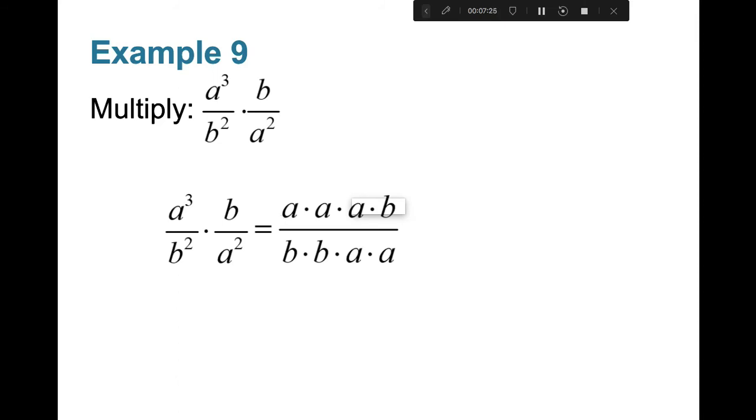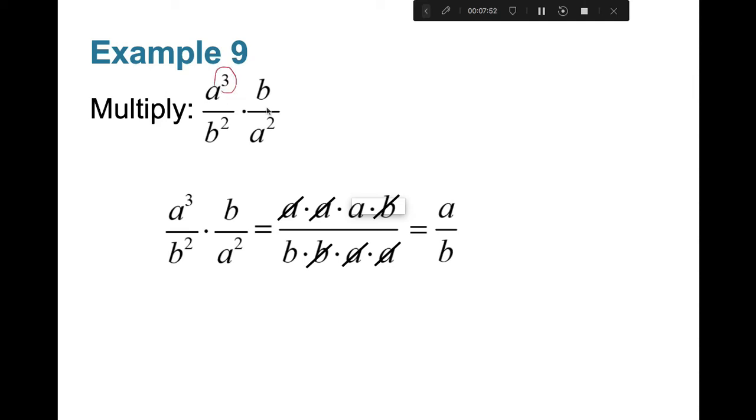So they list out their a cubed as a times a times a, our b squared, and our a squared. Okay, and then we multiply or cancel out everything that is similar and end up with a over b.